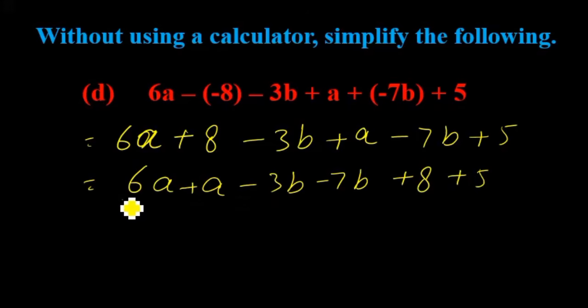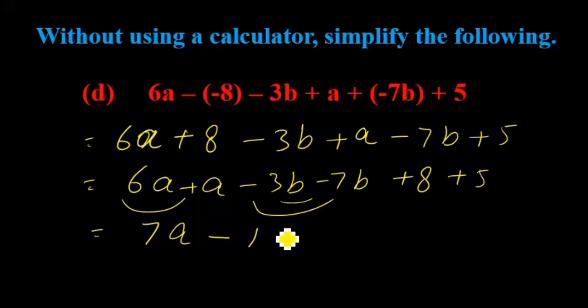Same variable, same sign, we will add, 7a, quite easy. Same variable, same sign, we will add, keeping the same sign, minus 10b. Same sign, 8 plus 5 is equal to 13. So we have completed the practice questions at page number 142.